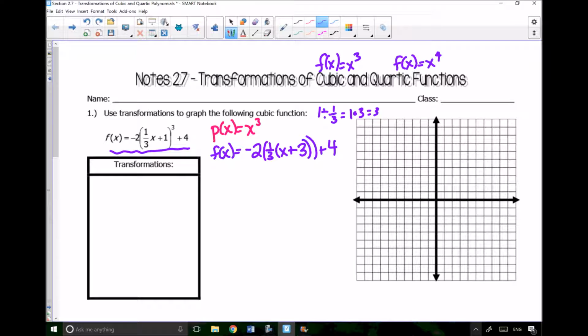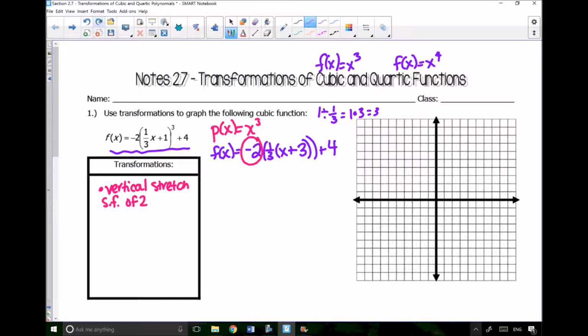Okay, so now the question is, what types of transformations are happening? So I want to do my stretches first. So this -2 right here, the first thing it's going to tell me is that it is a vertical stretch with a scale factor of 2.